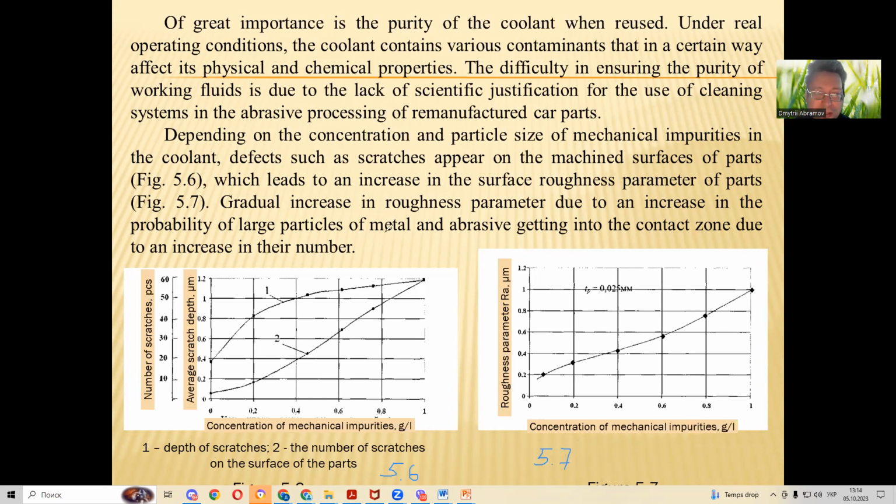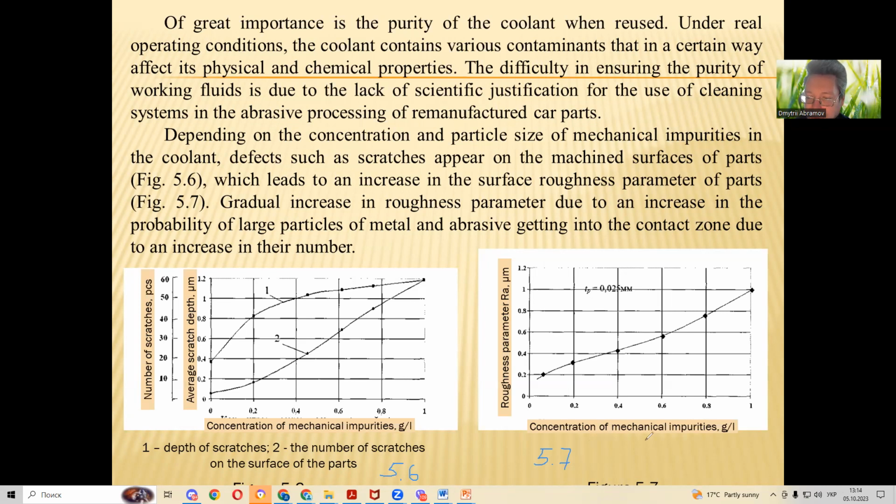Gradual increase in roughness parameter is due to an increase in the probability of large particles of metals and abrasive getting into the coolant zone due to an increase in their number.